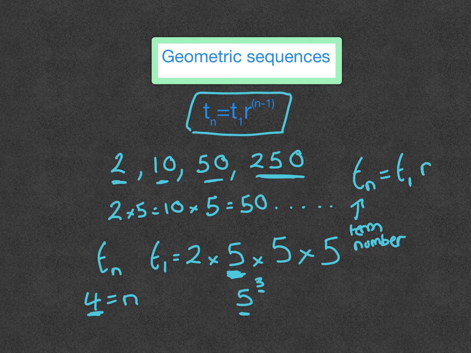Now, r is what we call the common ratio. So you can think of that as what you're multiplying each number by to go up to the next number in the sequence. So in this case, it's 5. And we're going to raise that common ratio to a power of n take 1. So the term number, take away 1. And that's the equation that's relating our geometric sequences to each other.